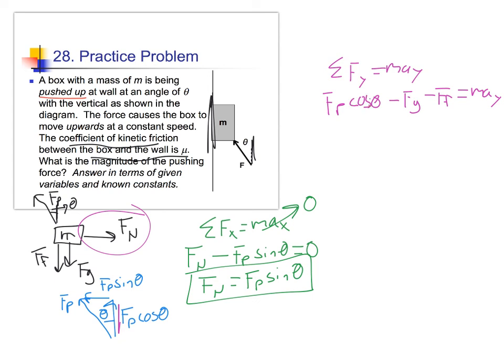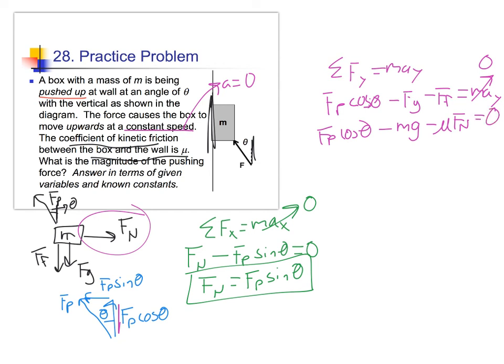Now, we do have another quick break here, and that is that the object is being pushed up at a constant speed, which means my acceleration is 0 for both the x and the y. So I can say that Fp cosine of theta minus mg, substituting in for gravity, minus mu Fn, substituting in for friction, must be equal to 0.